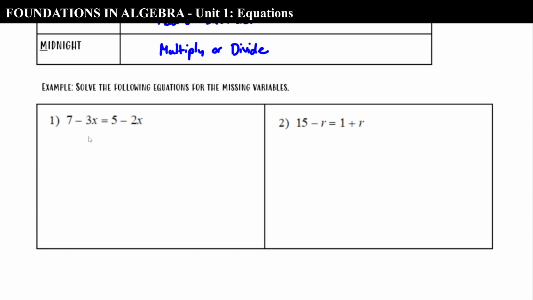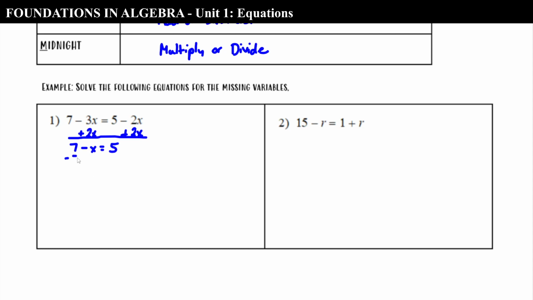We're going to get the variable on one side, stuff without the variable on the other. So let's do that by adding 2x to each side. And when we do that, we're going to get 7 minus x on this side and 5 on this side.